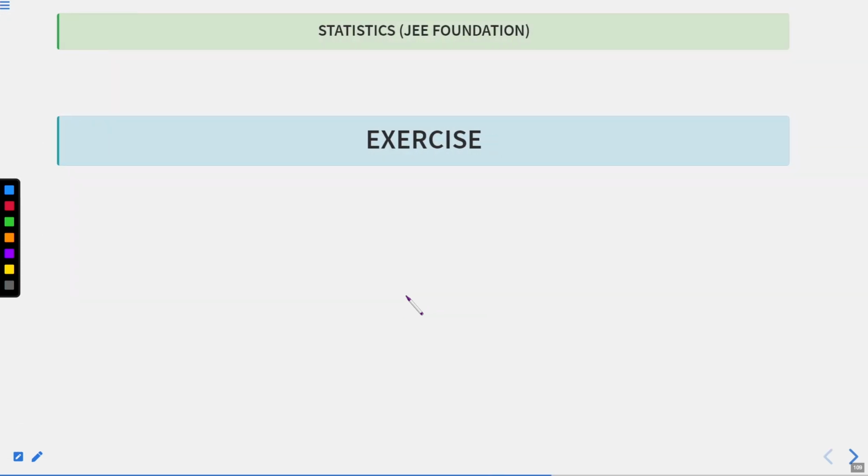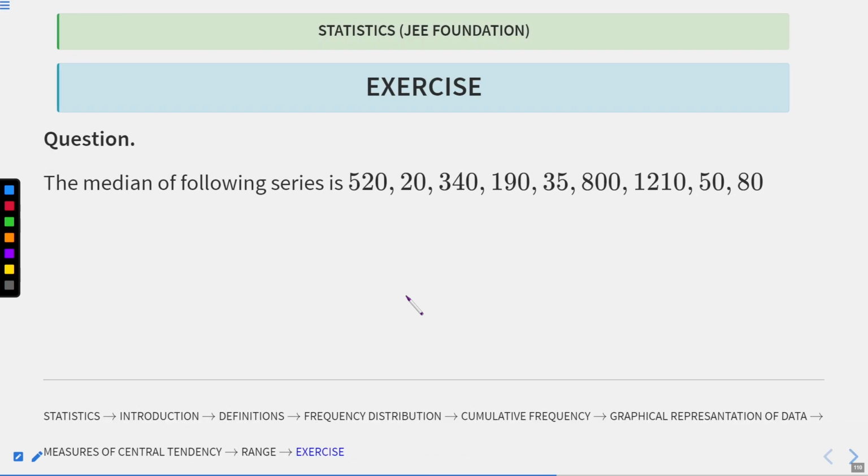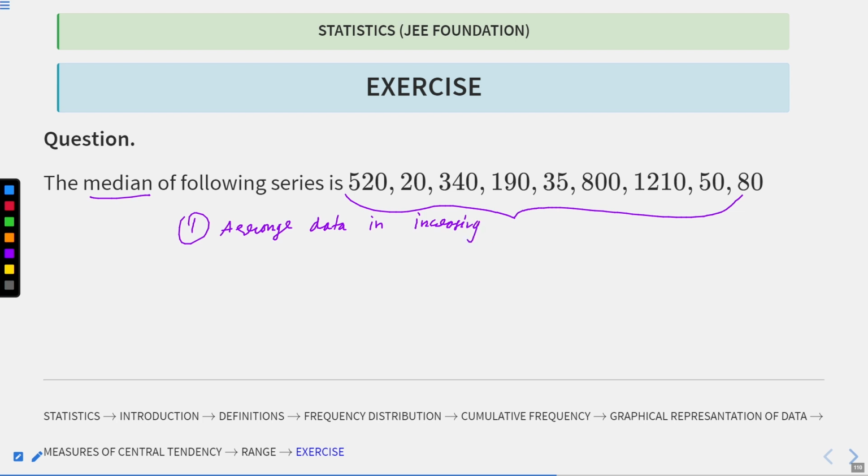So let's now jump to the exercise and polish our concepts more. Let's solve with me. These are quite easy problems to solve. The median of the following series: we have to find the median, and the observations are given to us. In order to find the median, first of all we arrange the data in increasing order. I hope the first step is clear.